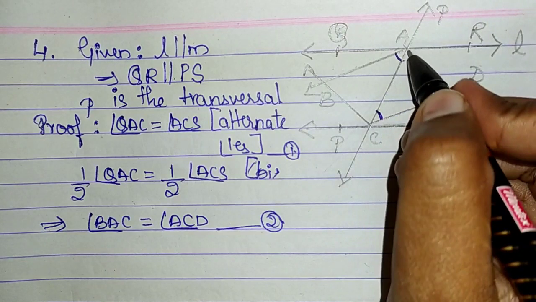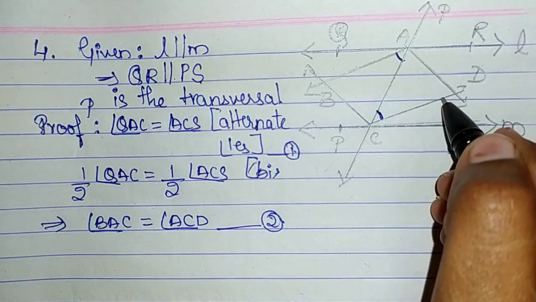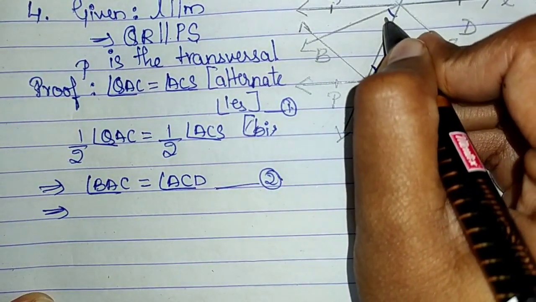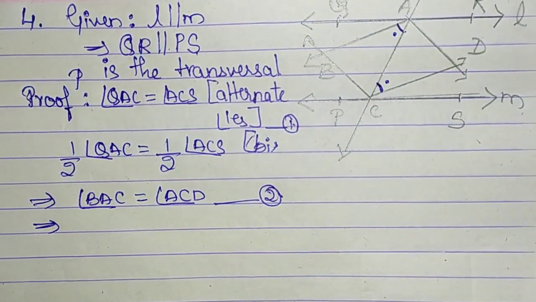Now you can see that AC is a transversal with AB and CD as lines. So this implies this angle BAC and this angle ACD are a pair of alternate interior angles.